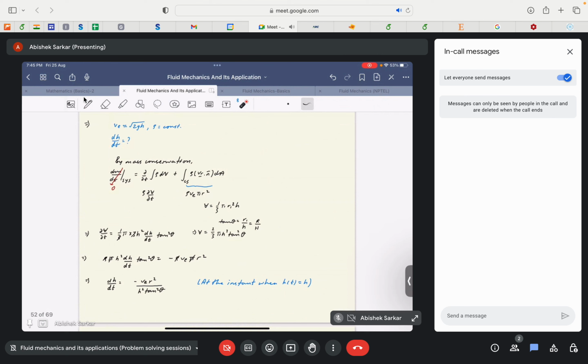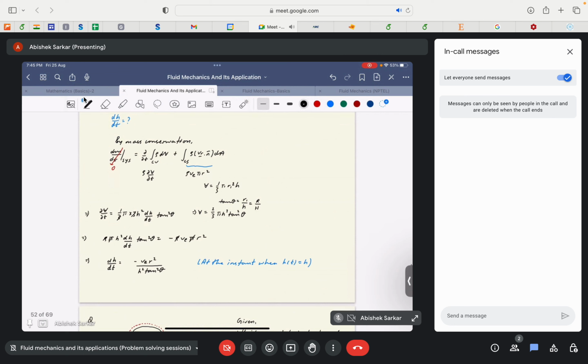From RTT we get that dm by dt for the system is equal to d by dt of the integral of rho dV over the control volume, plus the integral over the control surface of rho into Vr dot n cap dA.